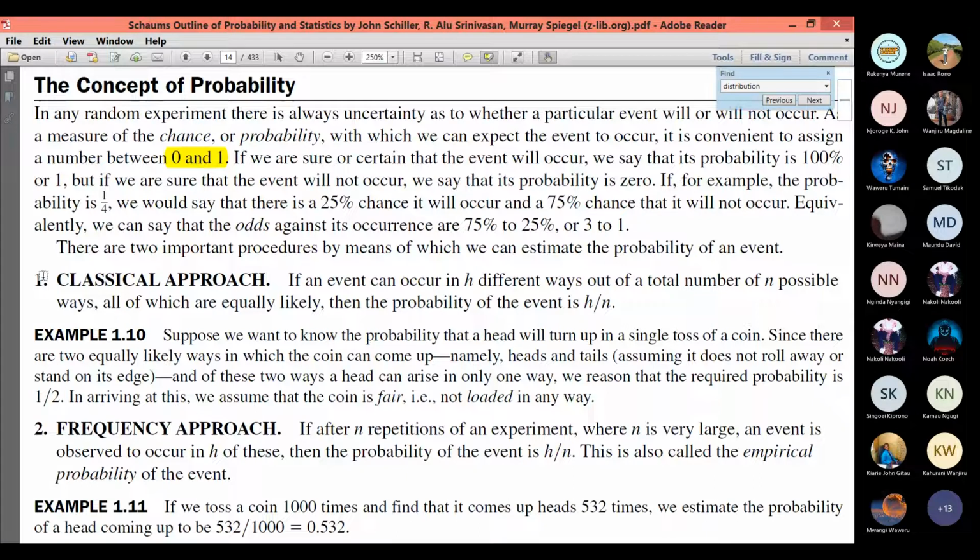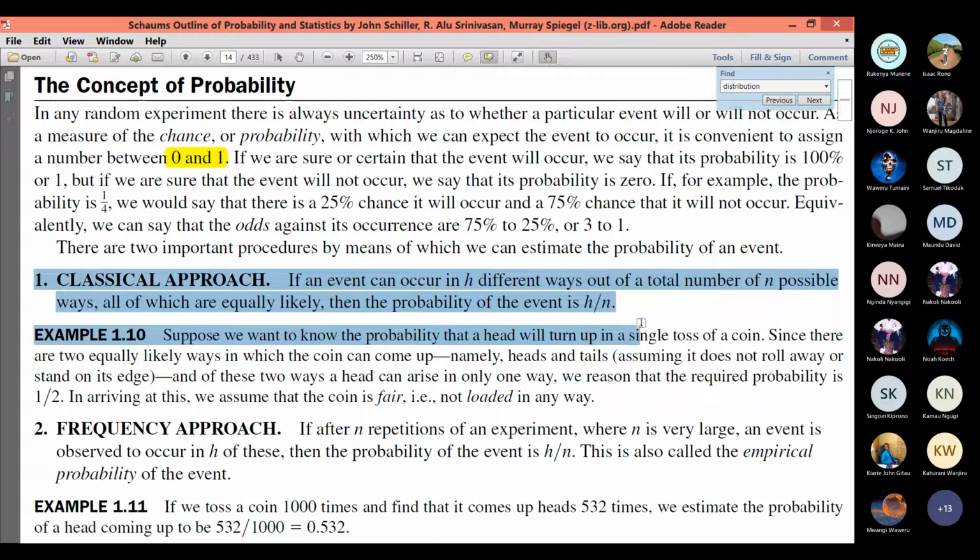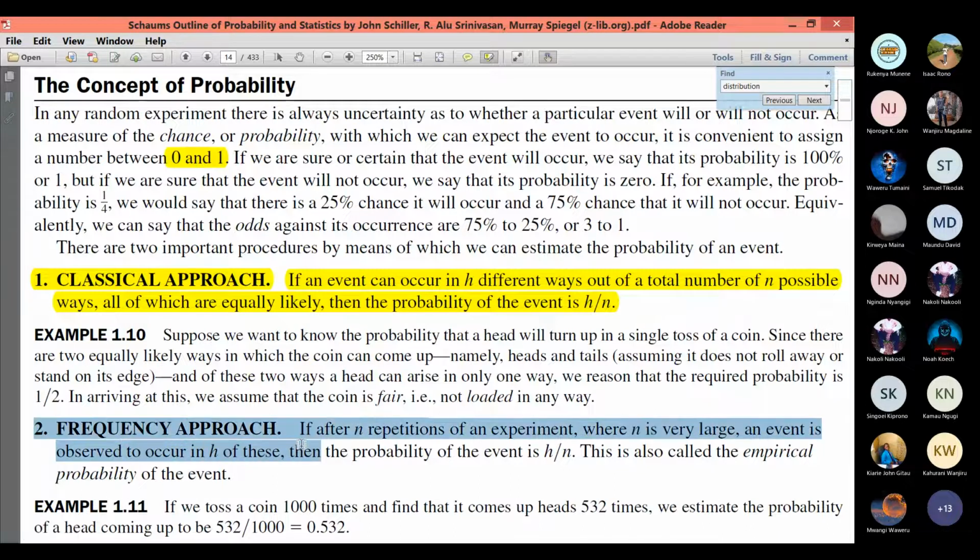Then we have what we call the classical approach. It's good to understand. Somebody may ask you to differentiate between these two, the classical approach and the frequency approach. And it's as easy as you can see. For the classical approach, let me use tossing a die.